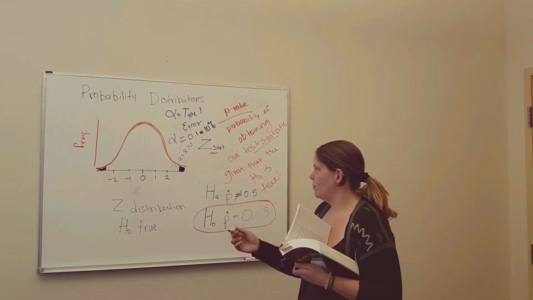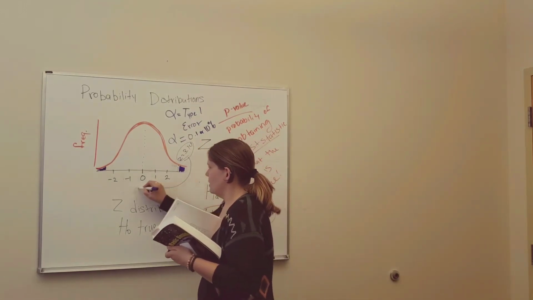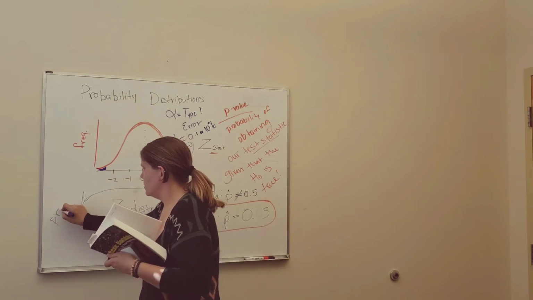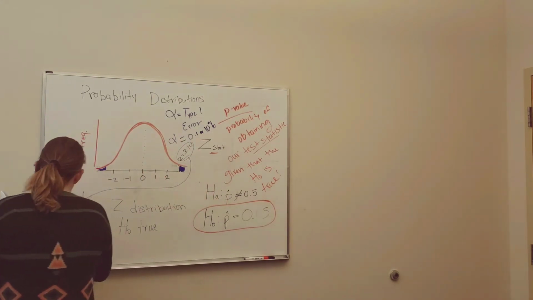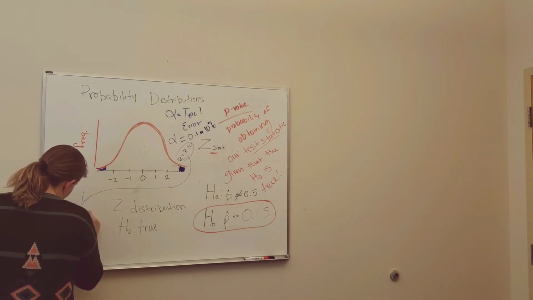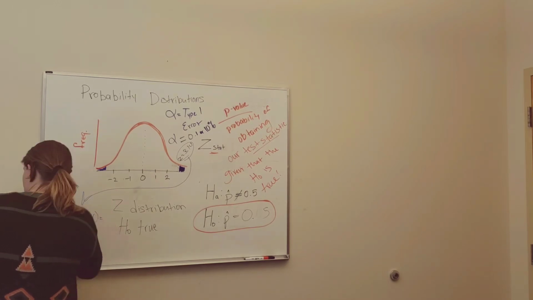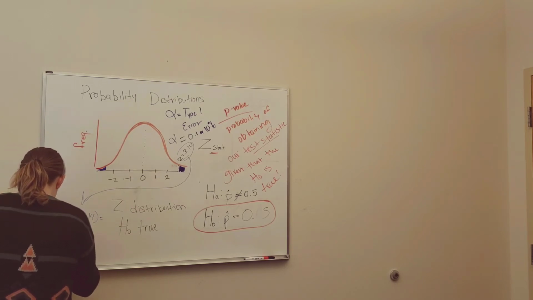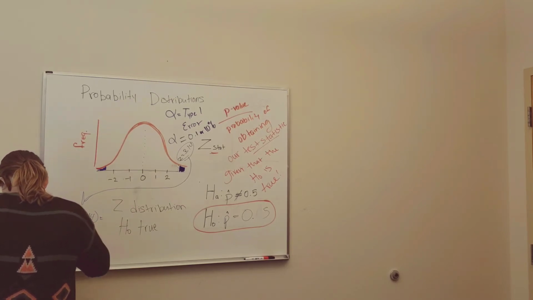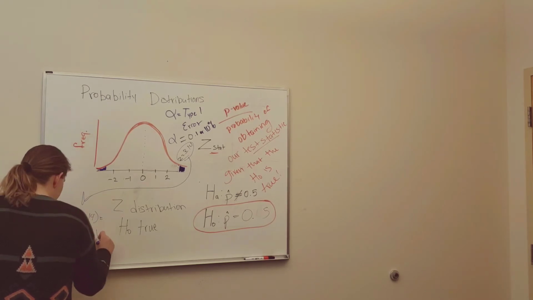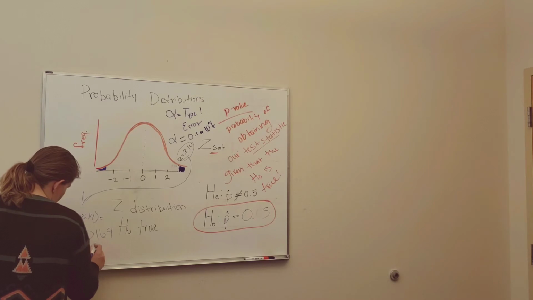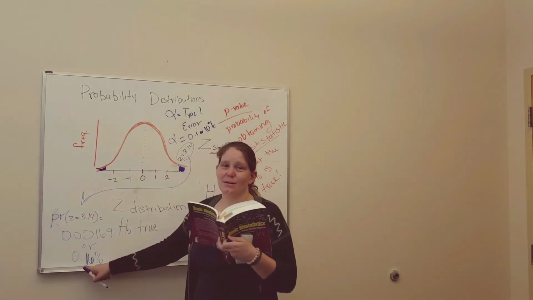So the probability of obtaining that z statistic in this distribution is less than 1%.